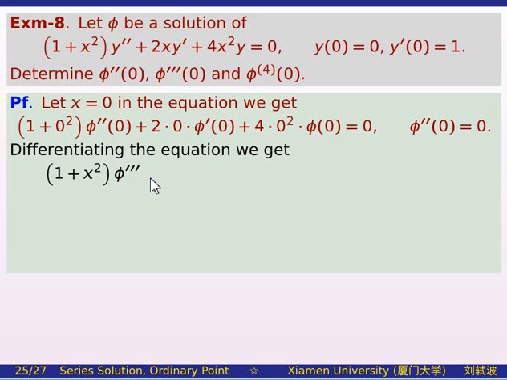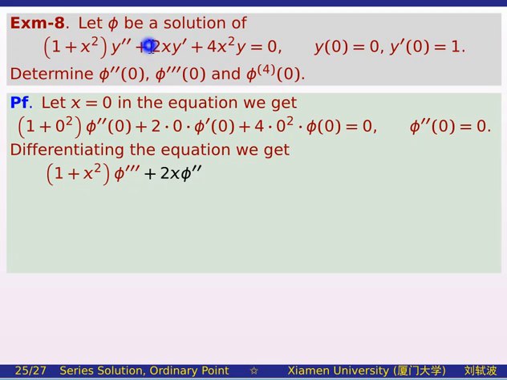So differentiating, the derivative of the first term is 1 plus x squared times phi triple prime, plus the derivative of 1 plus x squared, which is 2x, times phi double prime. So the derivative of the first term is the sum of these two terms.